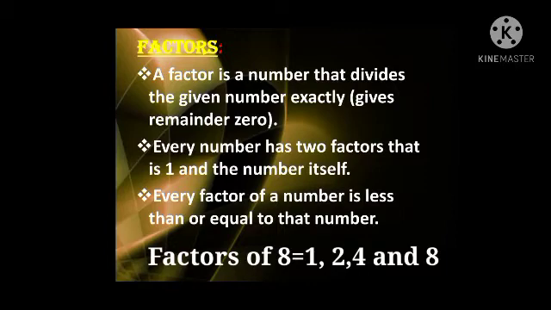So, every number has two factors, that is 1 and the number itself. And every factor of a number is less than or equal to that number. See, the factors of 8 are 1, 2, 4 and 8. All the factors are less than or equal to 8.